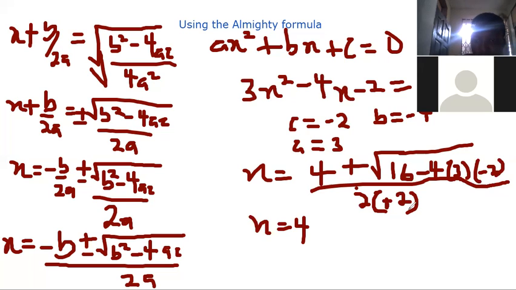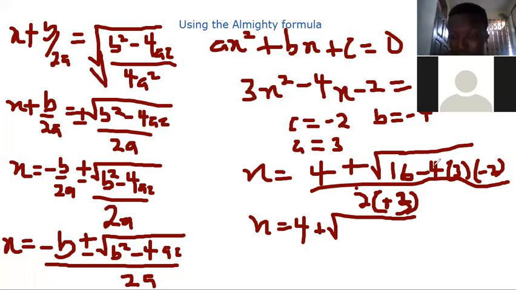So a is positive 3. So I'm going to get 4 plus root of 16 minus 4 times 3 times negative 2. 4 times 3 is 12, times negative 2 is negative 24. That'll give you 24. So 16 plus 24.